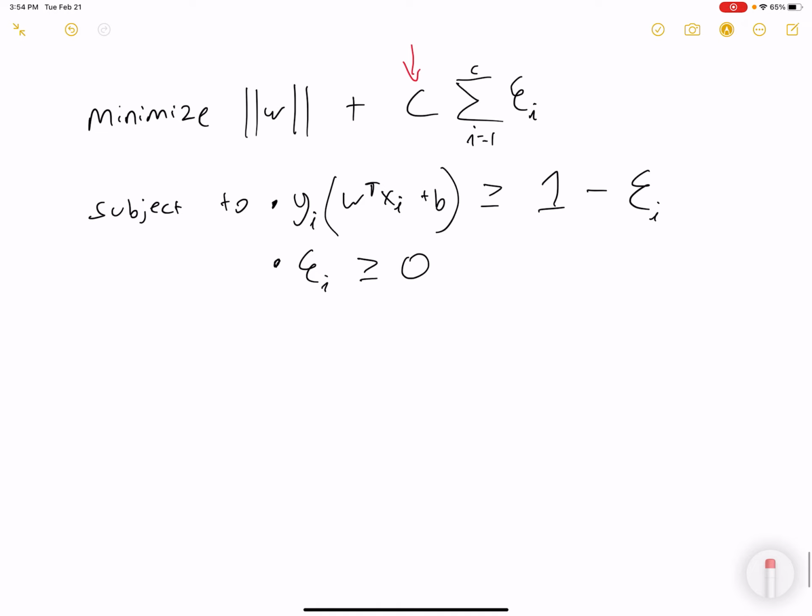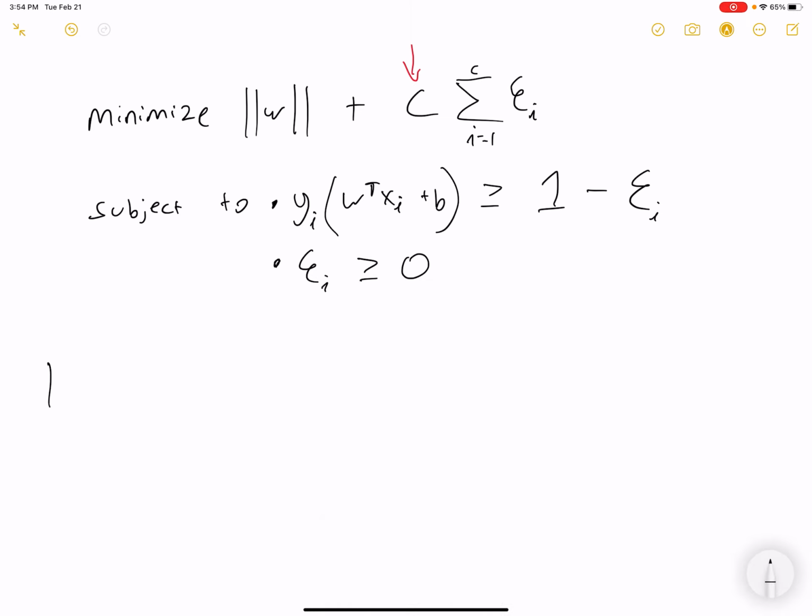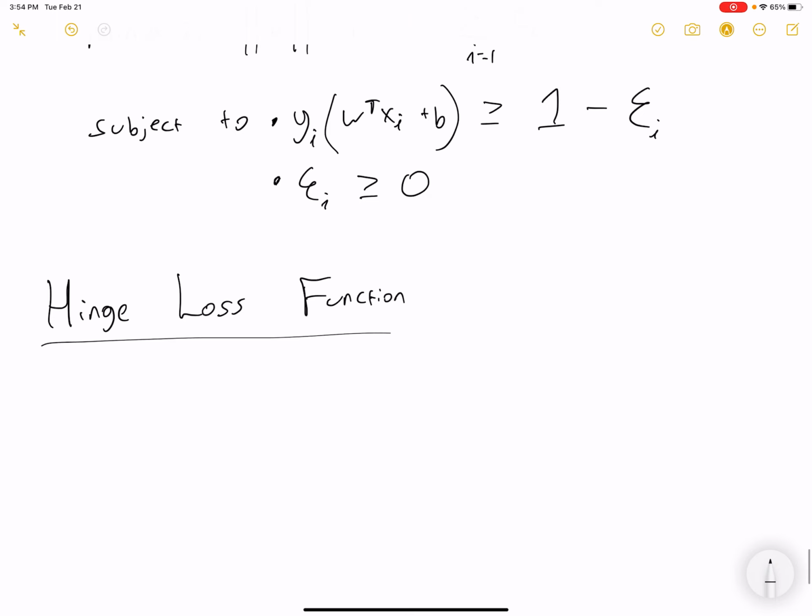Okay. So with a soft margin classifier, we can use a loss function called the hinge loss function. This is a relatively popular loss function outside of SVMs as well, I think.